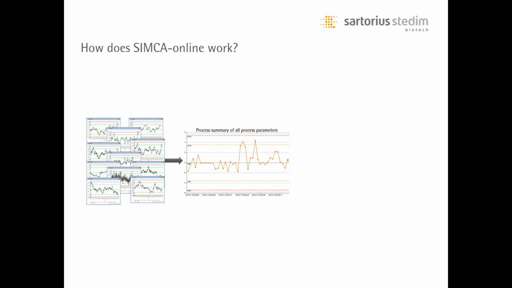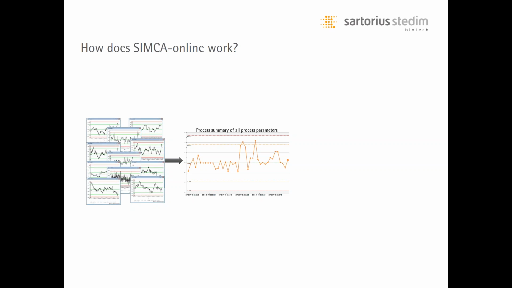And for those of you who have followed the webinars and studied multivariate methods, you know that a score, for example, over time will contain an input from all of the original variables, and thereby it becomes very efficient in the control room because by looking at a small set of multivariate summary parameters, you're actually monitoring all of the variables at the same time.